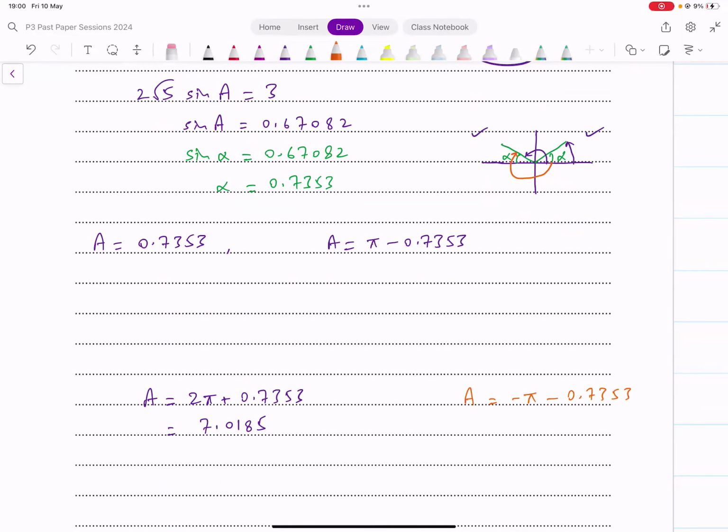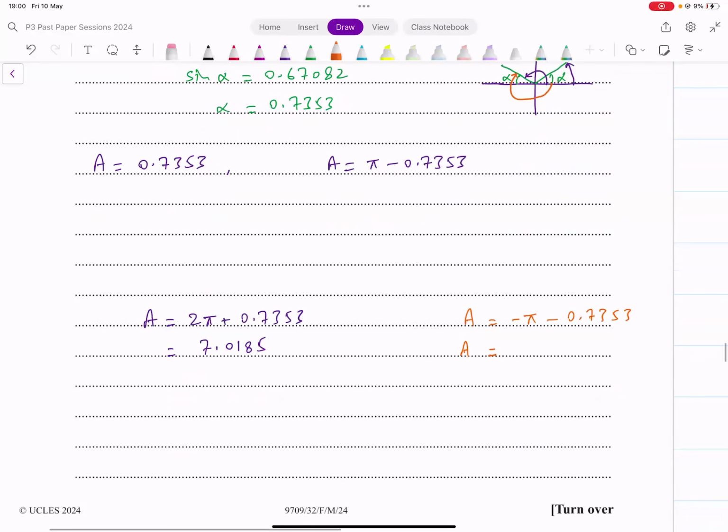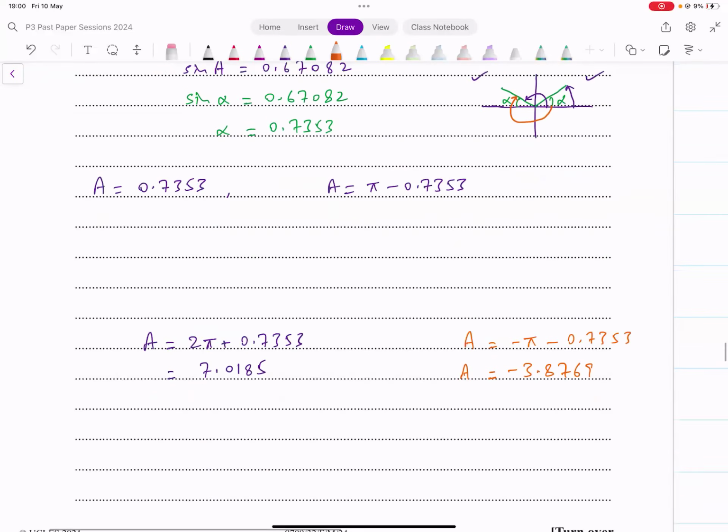Right, we're going in the negative direction. This is minus pi and then minus 0.7353 more. Let's see what this turns out to be. Minus pi minus 0.7353 is giving me minus 3.8769. That's another value for A.